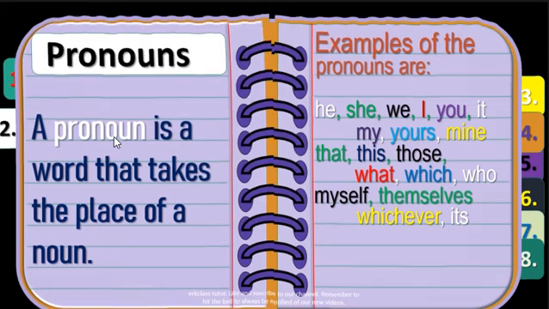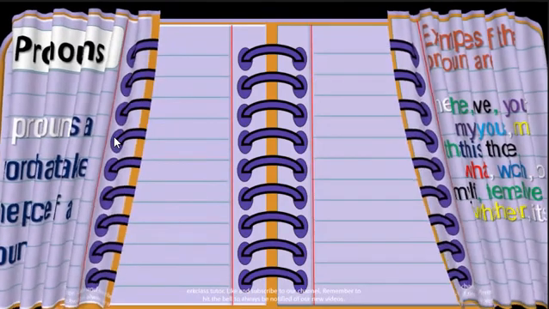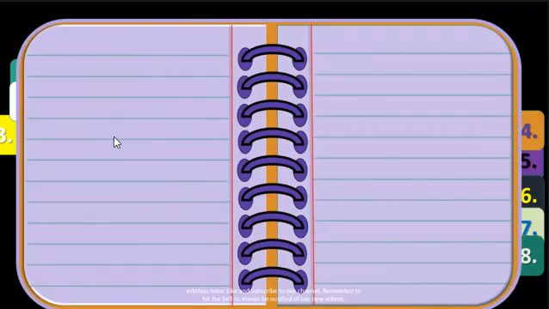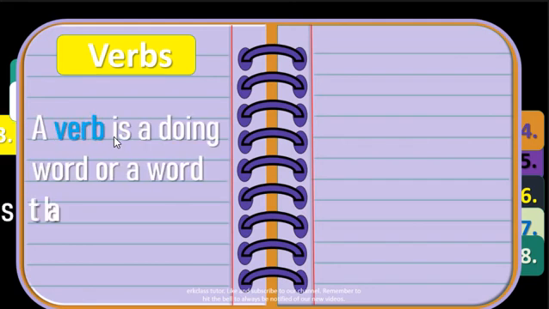From there, we move to our third group of the parts of speech, and that is the verb. What is a verb? A verb is a doing word that shows action.